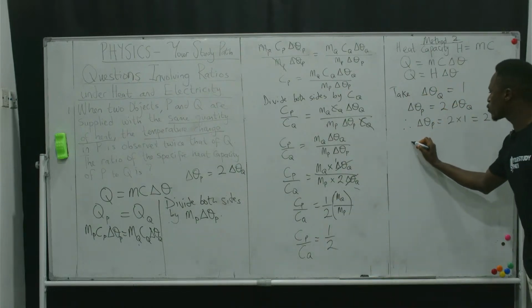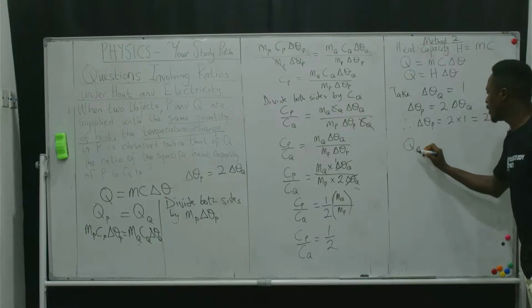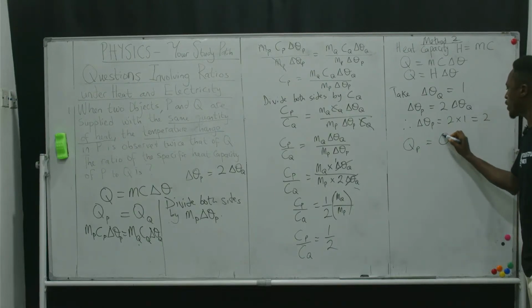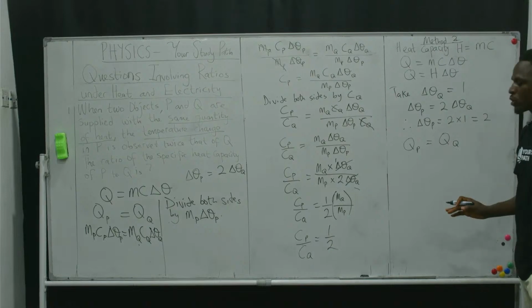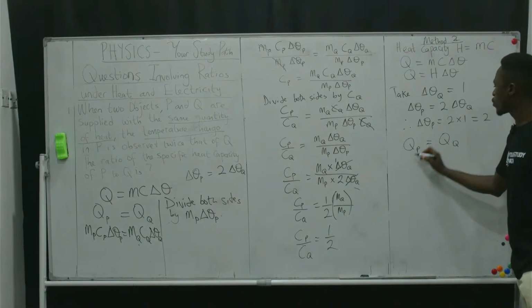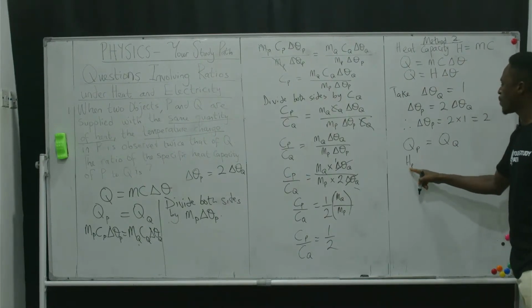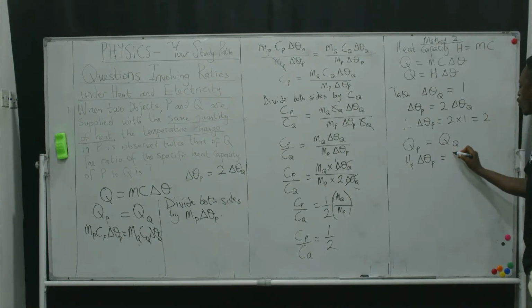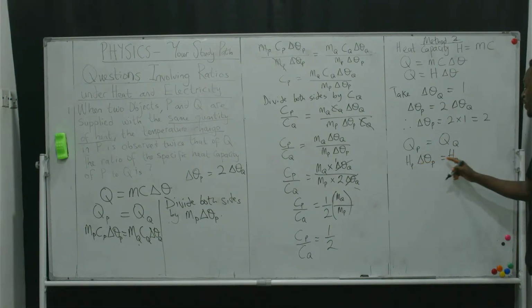So QP should be equal to QQ without any problem. Then you should have HP multiplied by change in theta for P should be equal to heat capacity for Q, sorry, instead of specific capacity, we are now working with heat capacity, multiplied by change in theta for Q.